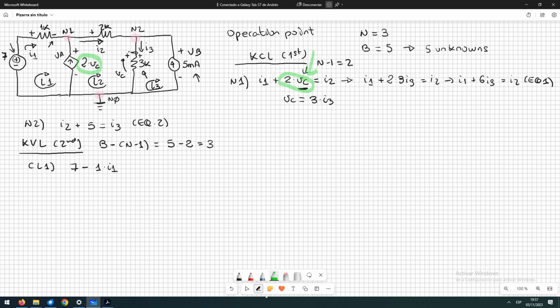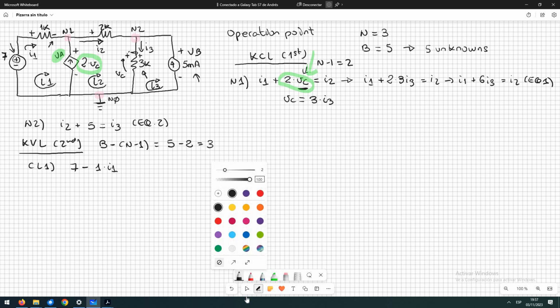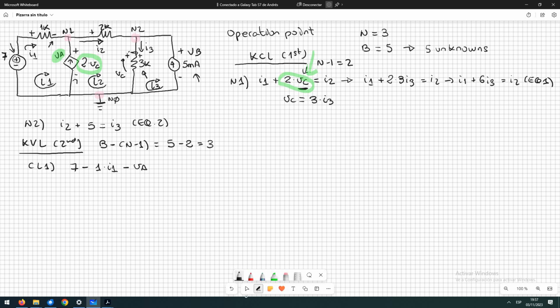Now we have to look at the voltages, and in fact here we have the voltage of the current source, and it's an unknown of our system. So we are leaving the controlled current source by its negative terminal, so it's going to be negative and equals 0. So equation 3.